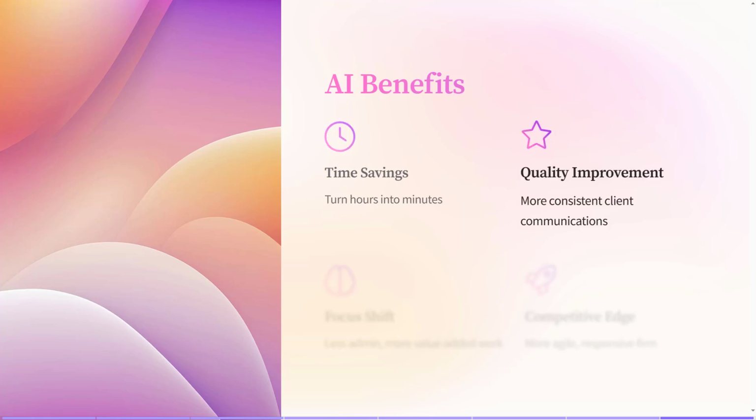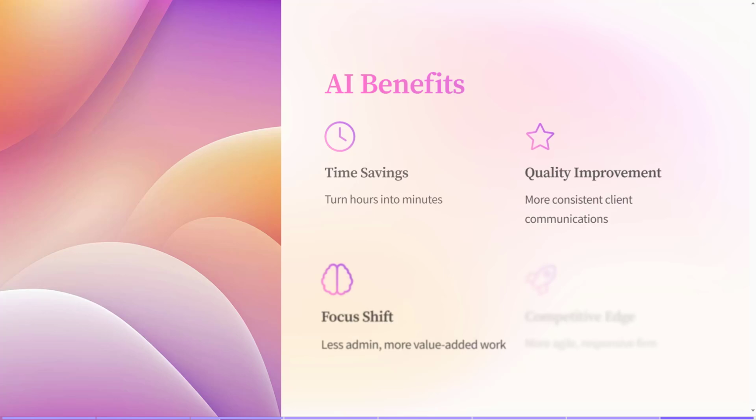And this will also allow for more consistent client communications, because you might have people in your organization who are great with clients and some who are not very good. But if you use an AI model that's been programmed to be very friendly, to be very polite, etc., and everyone is using that, then you're going to have consistent communication regardless of which accountant is actually dealing with that client.